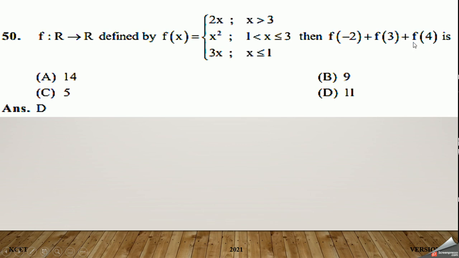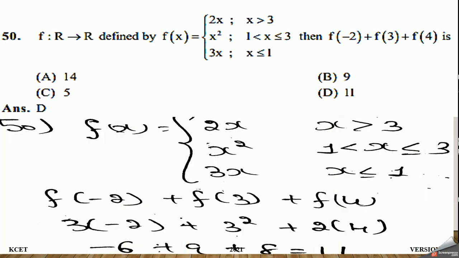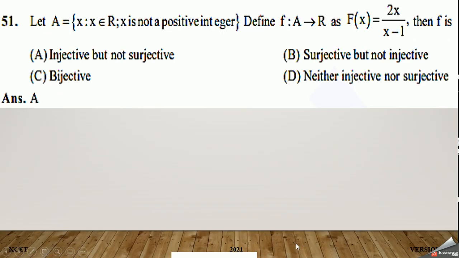For f of 4, I'm going to consider the first function, as they have given us the condition that x is greater than 3. We are going to use this value f of x as 2x. Substituting the values, you are going to get 3 into minus 2 is minus 6, plus 3 square is 9, plus 2 into 4 is 8. Totally, you are going to get the answer as 11. Option D is the answer.